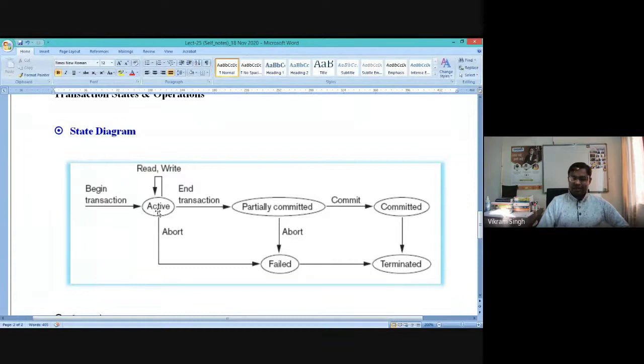Now you can see that there is an abort, failed state, right? There is a state of a transaction which we call failed. The first scenario for a failed transaction is due to any external interference or any external or internal failures during these user operations.